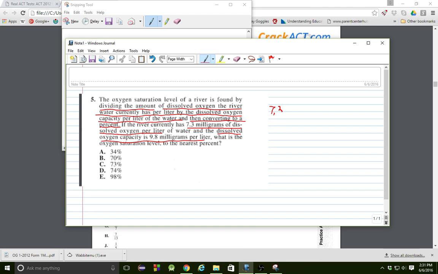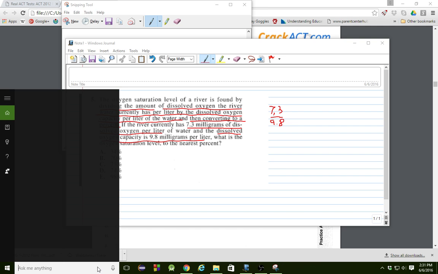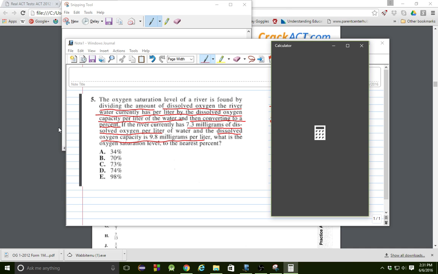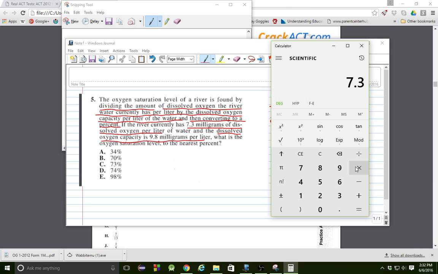So 7.3 divided by 9.8. I'll use a calculator for this. 7.3 divided by 9.8 is 0.74 something something. Remember, this is to the nearest percent.